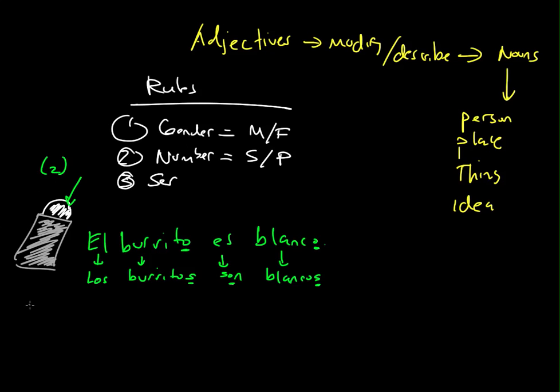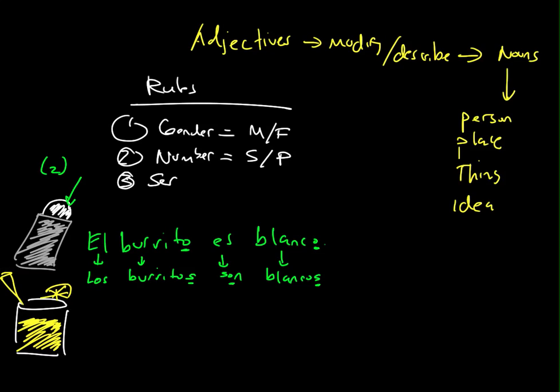Now let's just give one more example. So maybe you're at Chipotle, and with your burrito blanco, you drink lemonade. Okay, so here's our lemonade. Maybe you have a nice lemon, and maybe you drink with a straw.